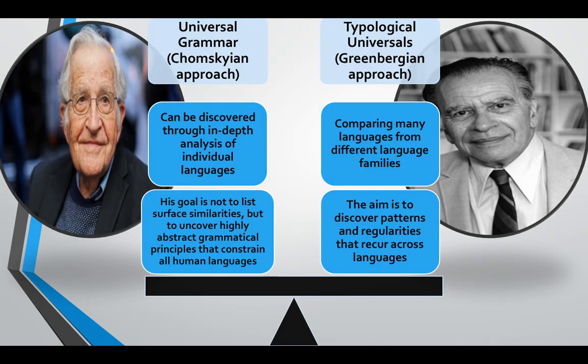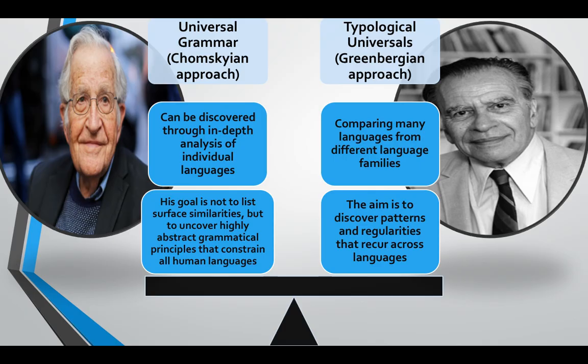Let me start by explaining the two approaches, starting with the universal grammar of the Chomskyan approach. As it shows here, according to Noam Chomsky, universals are not discovered by simply comparing many languages on the surface.